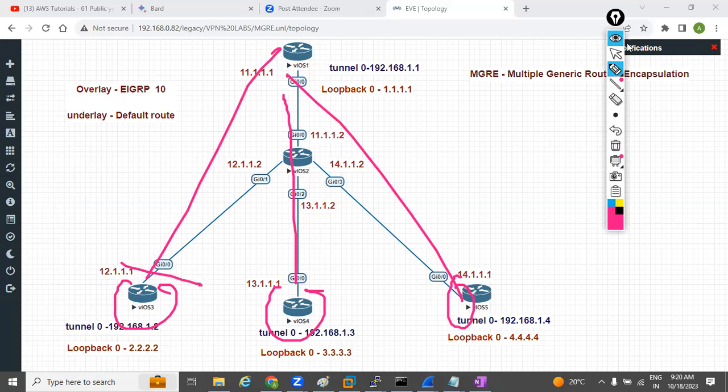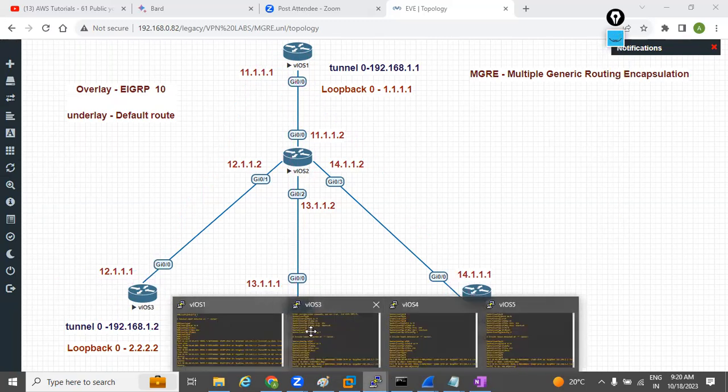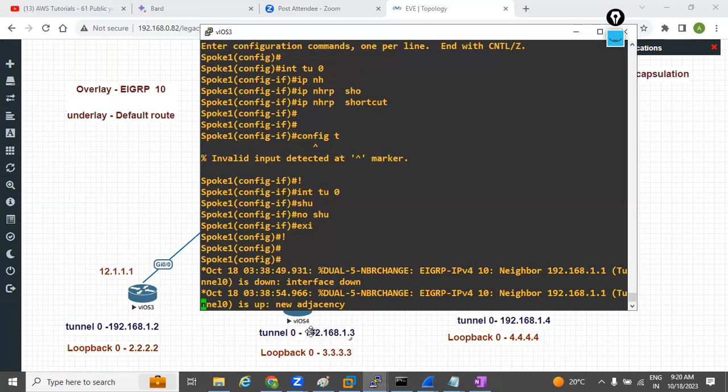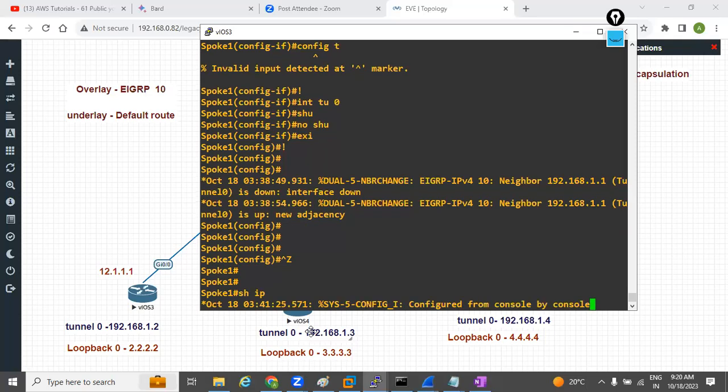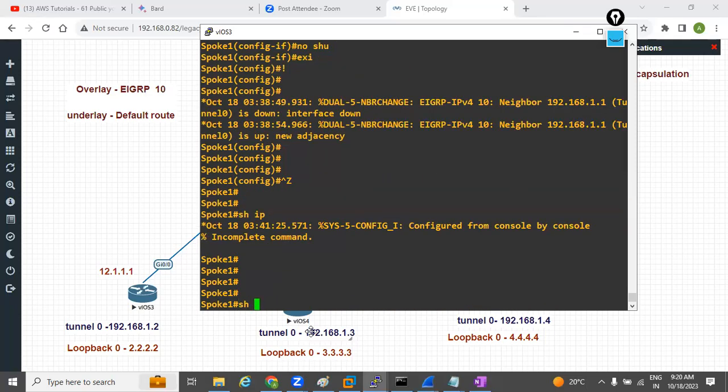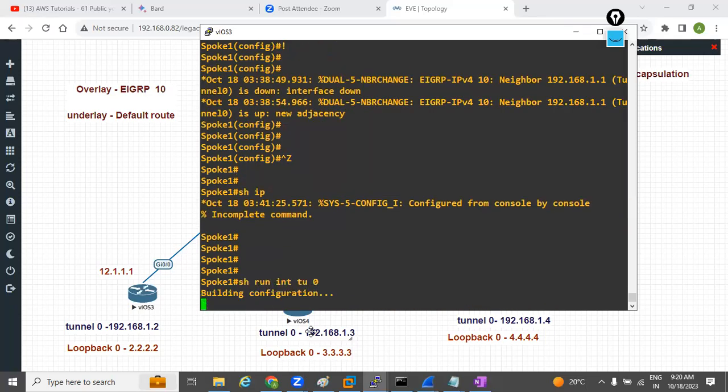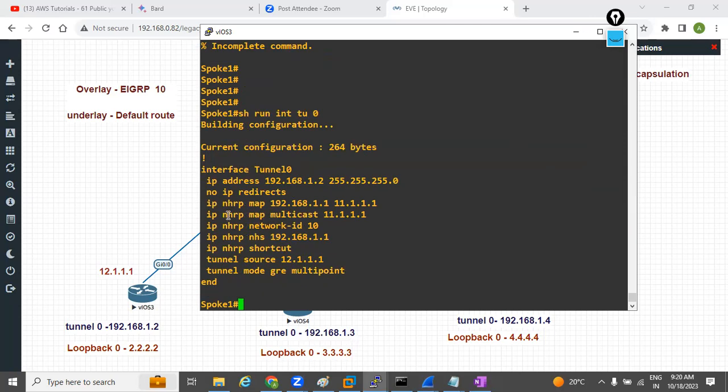If you go to spoke 1 and check show run interface tunnel 0, I have just exchanged with the NHS. Yesterday it was happening with all the devices. Clear? Thank you, sir. That's the reason.